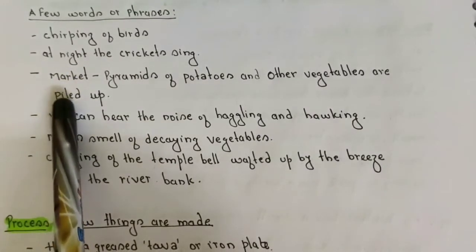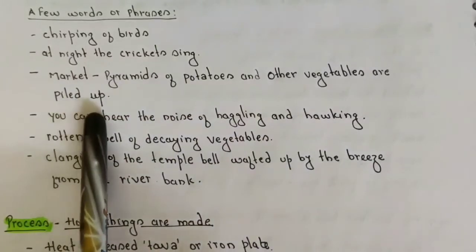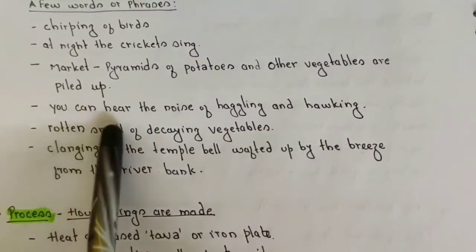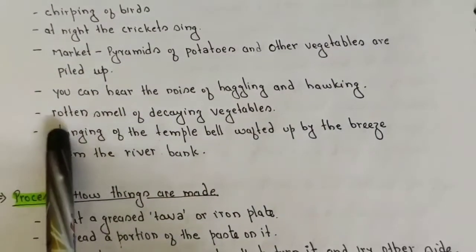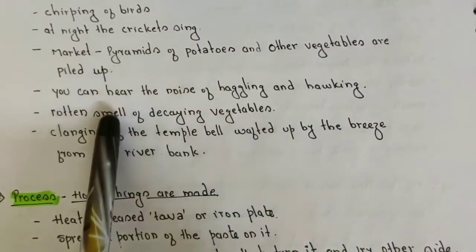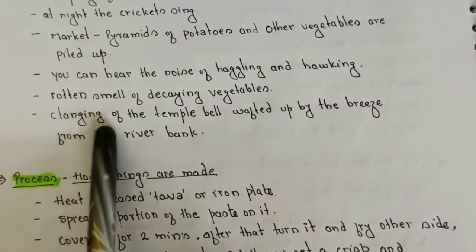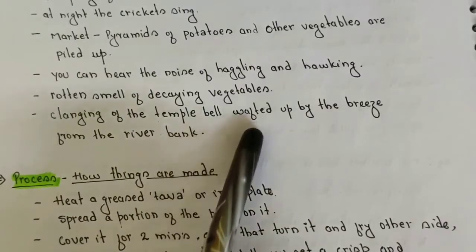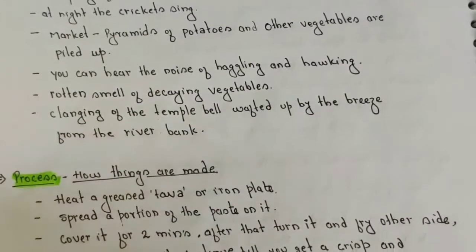If you are going to the market, you can mention the pyramids of potatoes and other vegetables piled up. You can hear the noise of haggling and hawking. A rotten smell of decaying vegetables. When you go to the vegetable market, you can feel all these things. Clanging of the temple bell wafted up the breeze from the river bank.